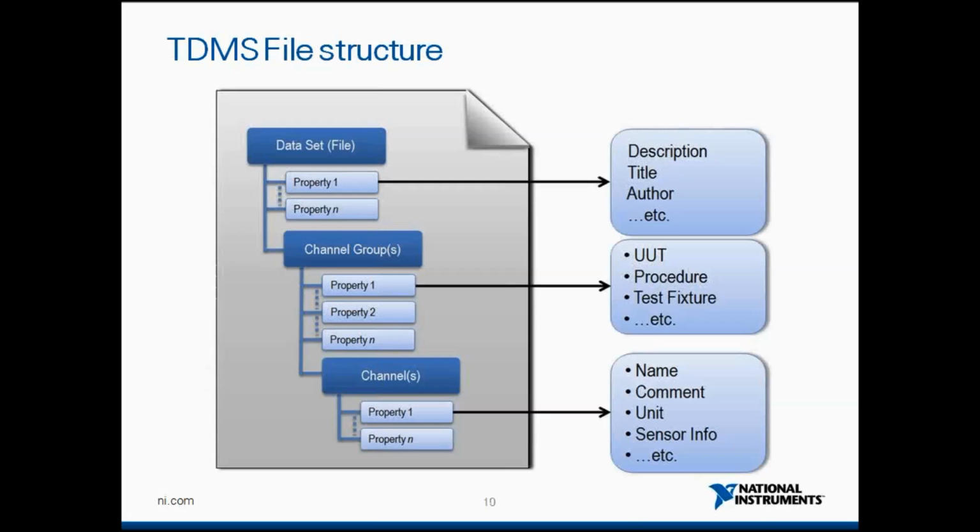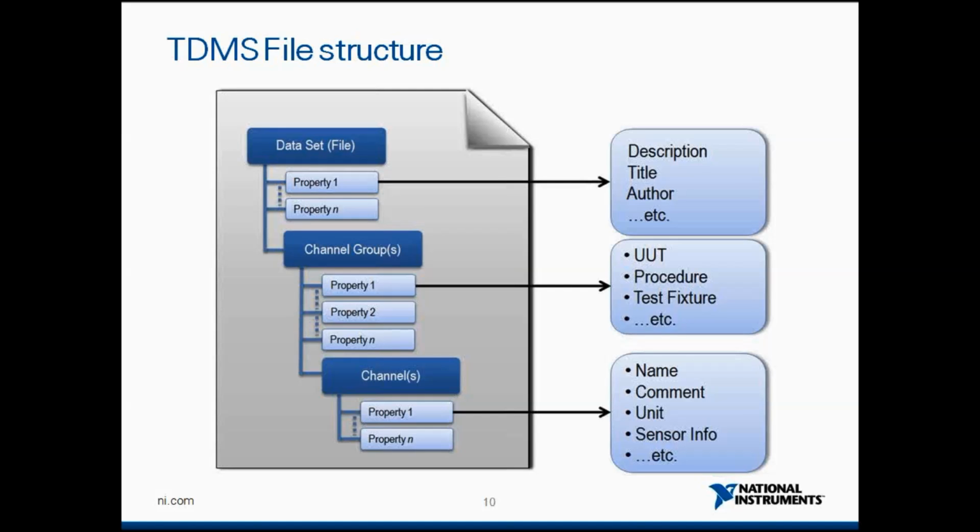As I said, you can use TDMS file to structure or organize your data. This is how the TDMS file structure looks like. I have a file, and that file has particular properties. For example, it may be the description of the file, the title of the file, the author of the file. Under the file, I'll be having various channel groups.